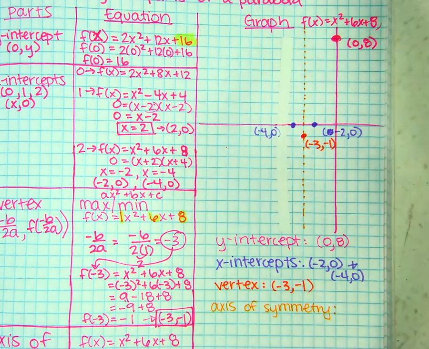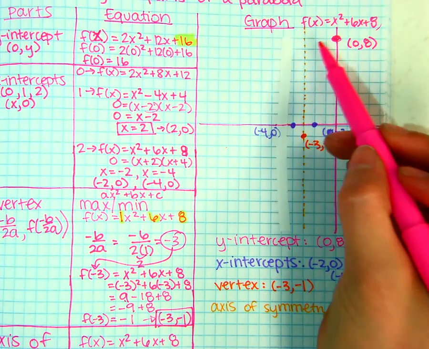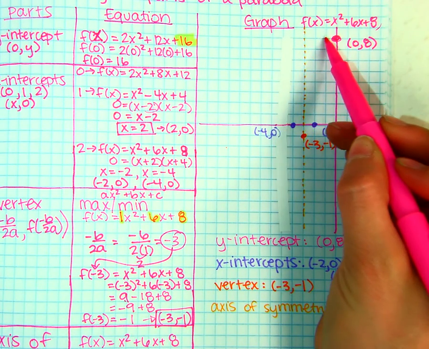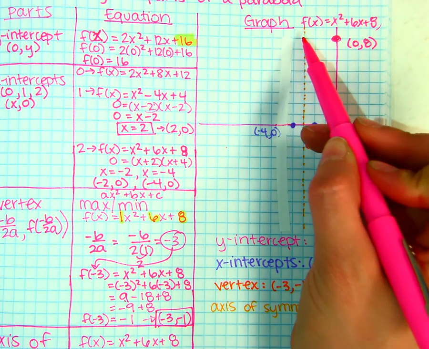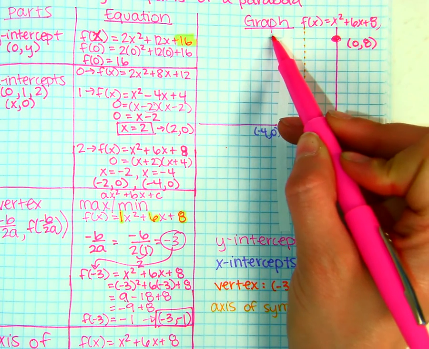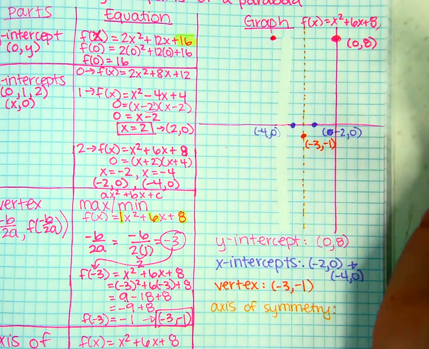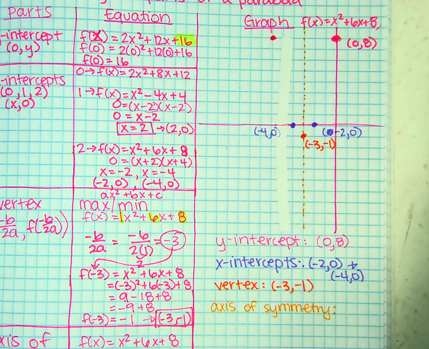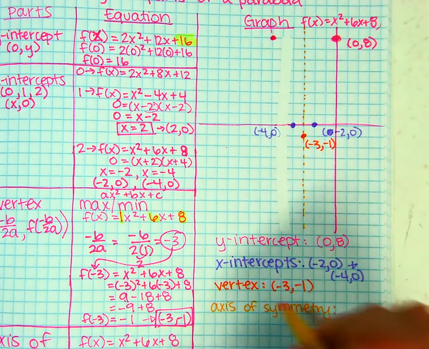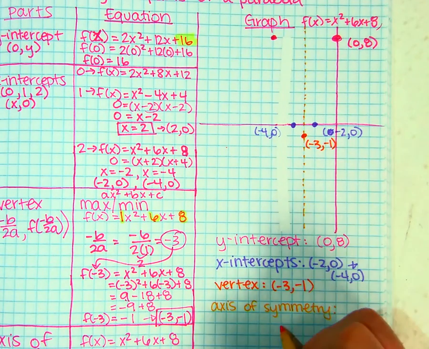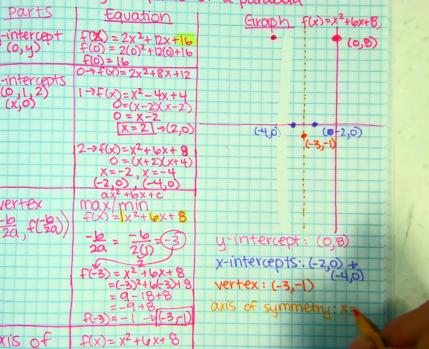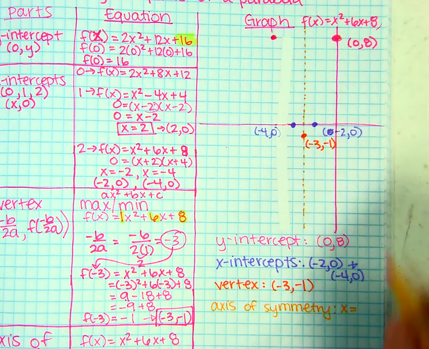So what we can do is, you see our y-intercept right here? From the line, it is 1, 2, 3 away. So if I go 1, 2, 3 away here, I can put another point because it is symmetrical. All right? So our axis of symmetry is a line going through x equals negative 3.